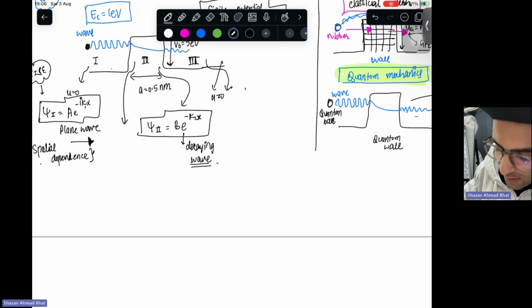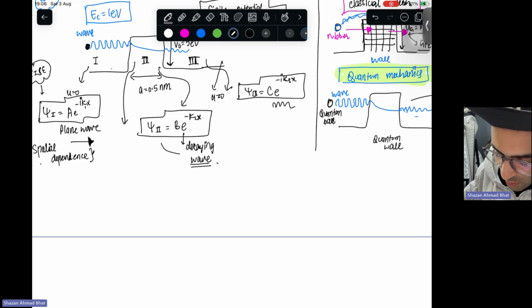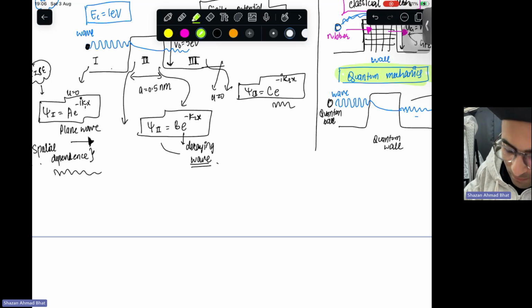And outside you get again psi 3 to be equivalent to c e to the power minus i kappa 3 x, where this is again a plane wave. This is an exponentially decaying wave, and this is again a plane wave. So you have these three wave functions in region 1, region 2, and region 3.